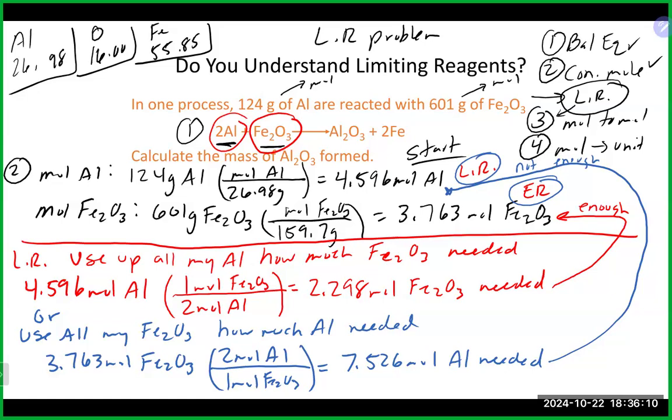Now, once we determine the limiting reagent, we're going to pick back up with our third step, and it's really important that you start with the starting amount of your limiting reagent to do the rest of the calculation. So I'm going to do it on the next page. We're going to take our limiting reagent, which is 4.596 moles of aluminum.